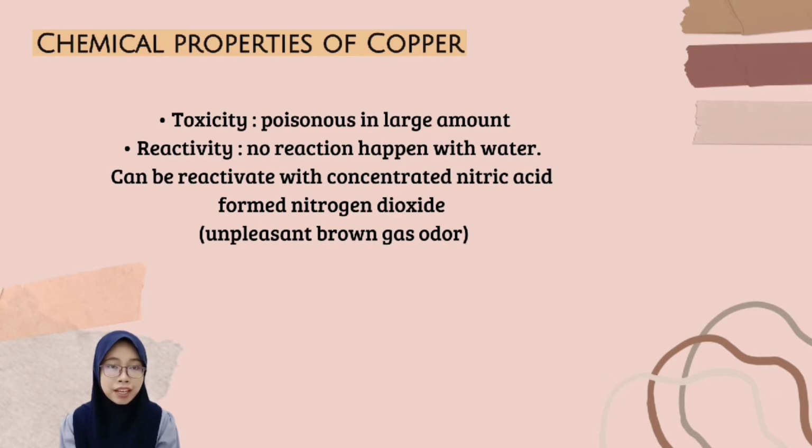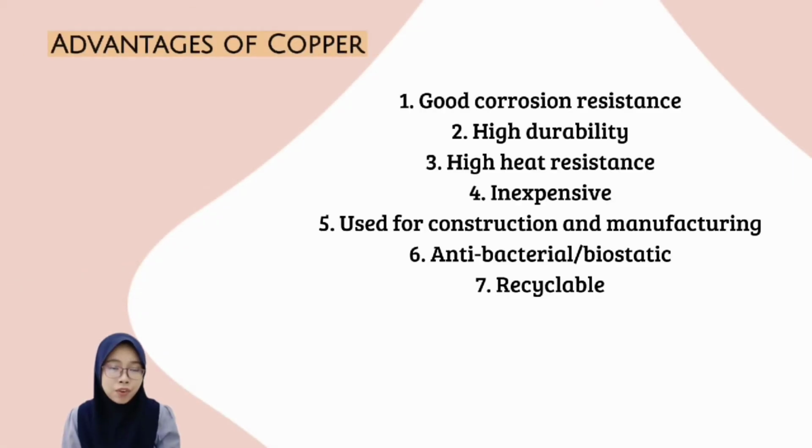In terms of reactivity, copper will not react with water. However, copper can react actively when combined with concentrated nitric acid, forming nitrogen dioxide, which creates an unpleasant brown gas odor.